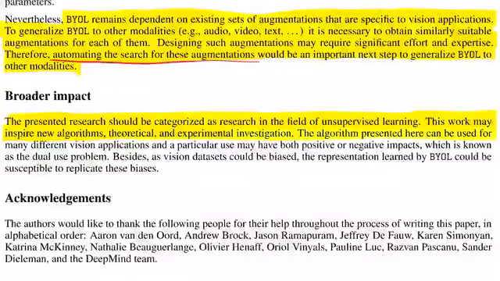The algorithm presented here can be used for many different vision applications, and a particular use may have both positive or negative impacts, which is known as the dual use problem. Besides, as vision datasets could be biased, the representation learned by BYOL could be susceptible to replicate these biases.